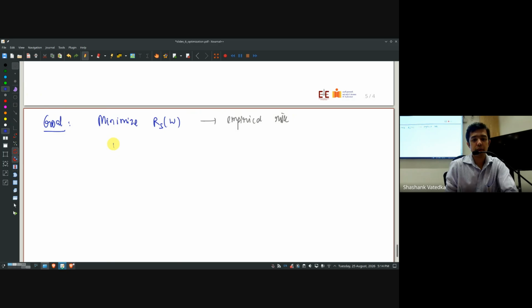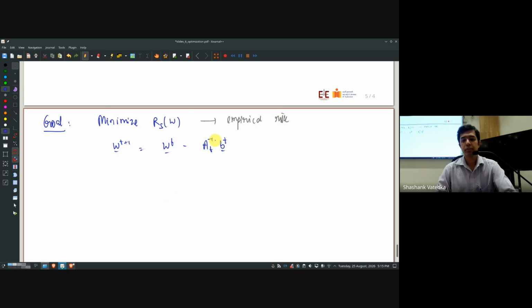Let's say I already have Wt. I want to choose a Wt plus 1, which is equal to Wt minus At inverse times Bt.